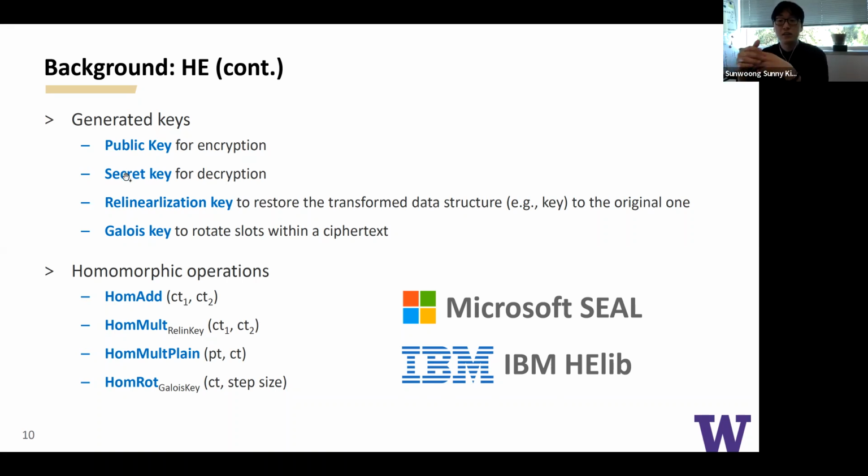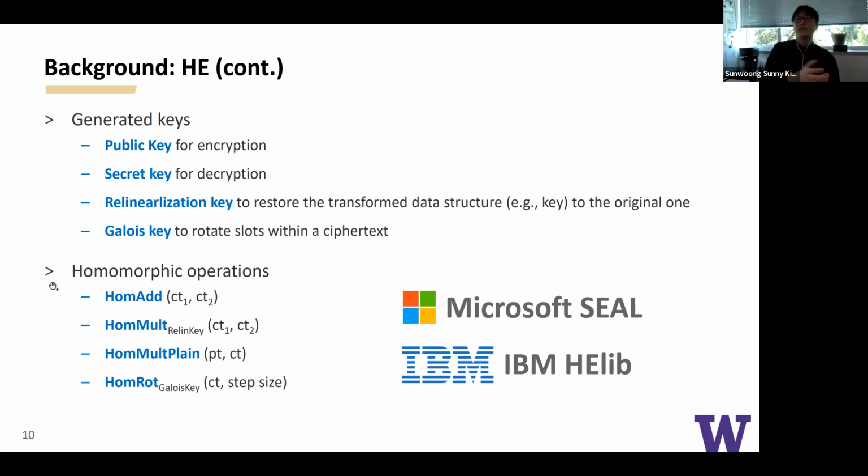The secret key is used during decryption to convert the resulting ciphertext polynomial into a plaintext polynomial. The relinearization key is used to restore the transformed data structure to the original one after homomorphic multiplication, because, as you know, polynomial multiplications change the structure of data. Lastly, the Galois key is used to rotate data embedded in a ciphertext.